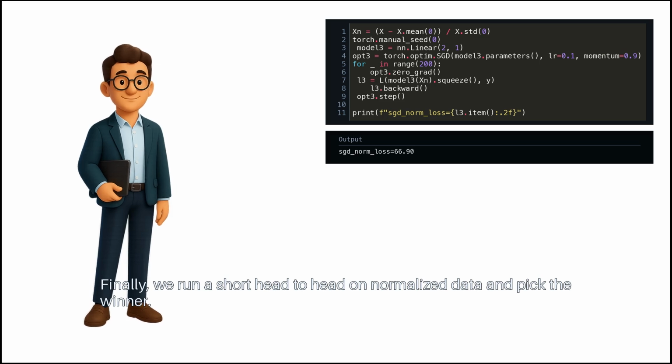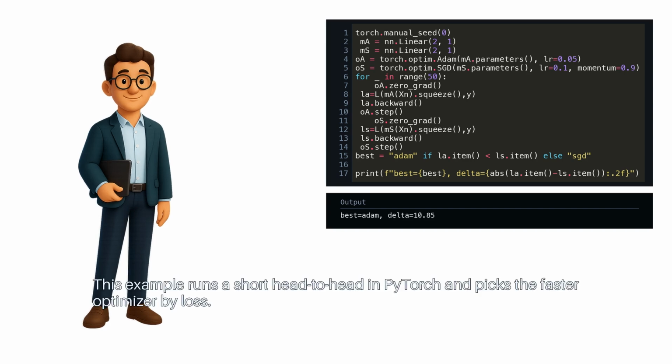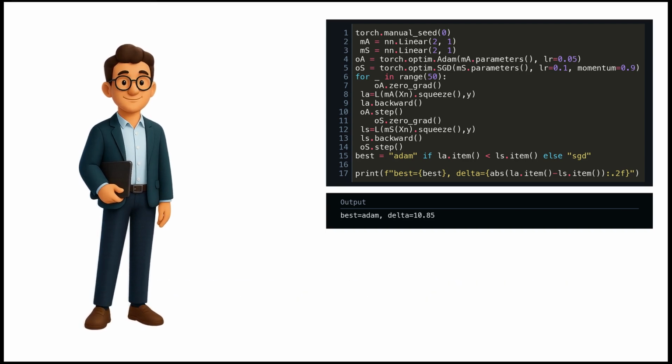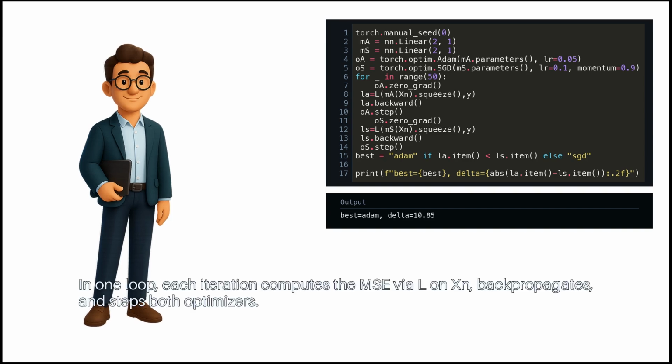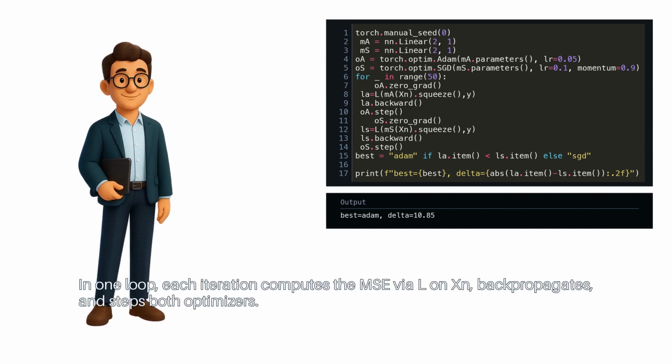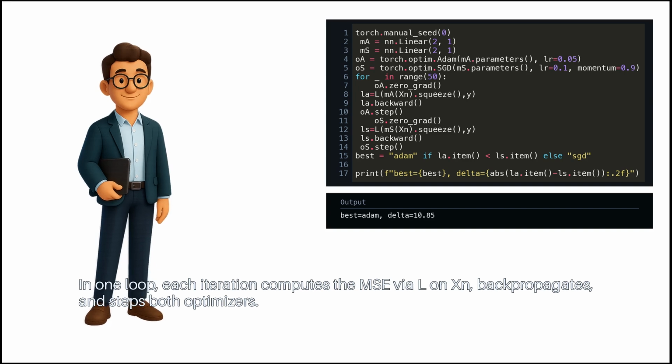Finally, we run a short head-to-head on normalized data and pick the winner. This example runs a short head-to-head in PyTorch and picks the faster optimizer by loss. Two fresh models, MA and MS, start from the same seed. OA uses Adam, and OS uses SGD with momentum. In one loop, each iteration computes the MSE via L on xn, backpropagates, and steps both optimizers.